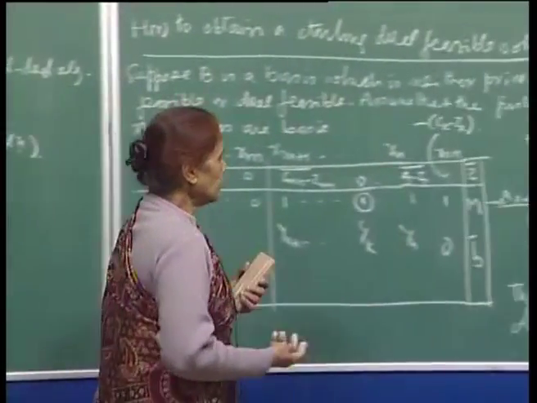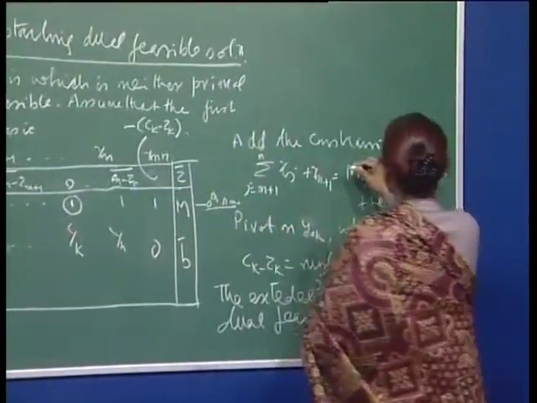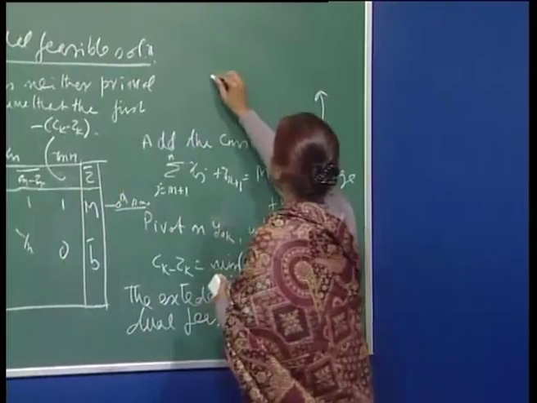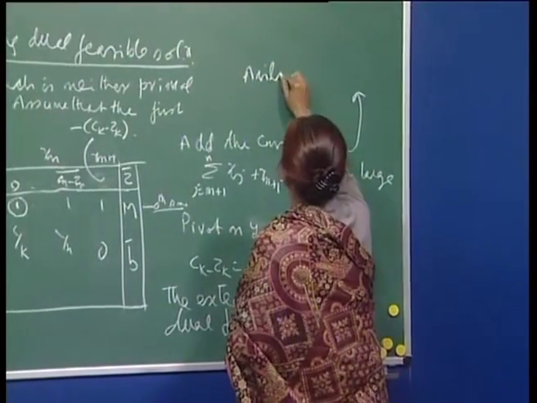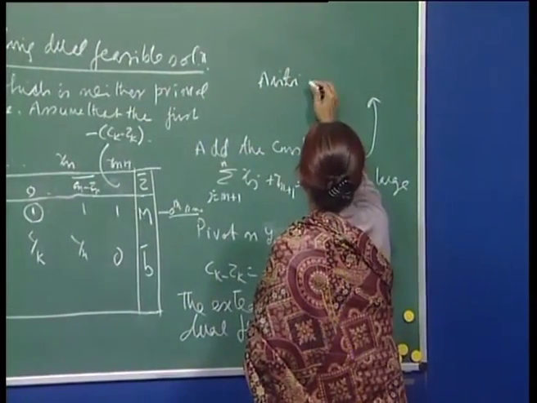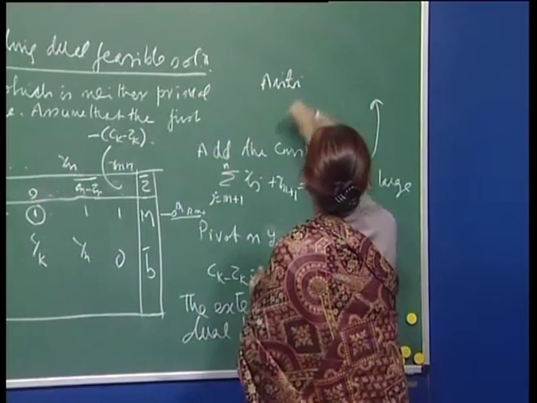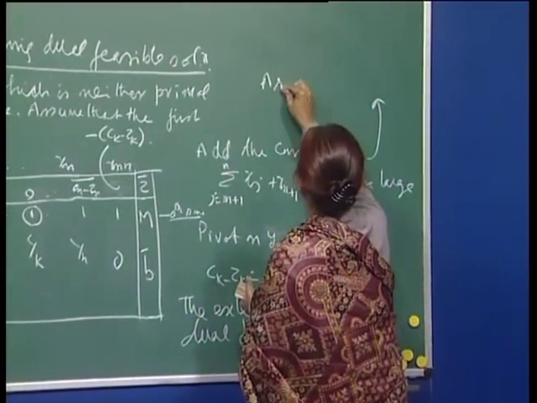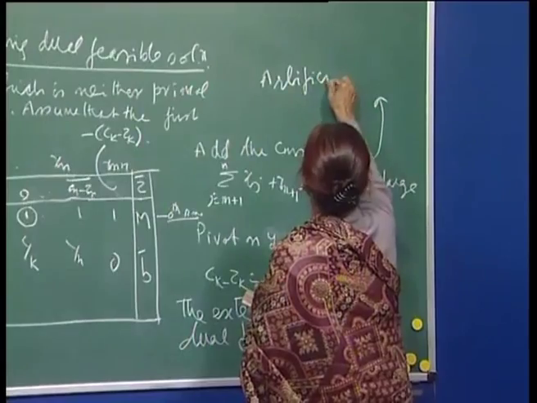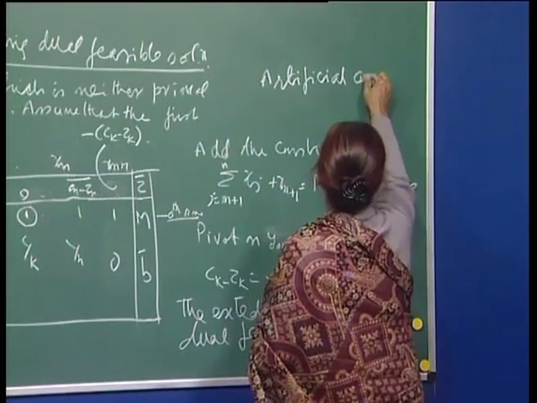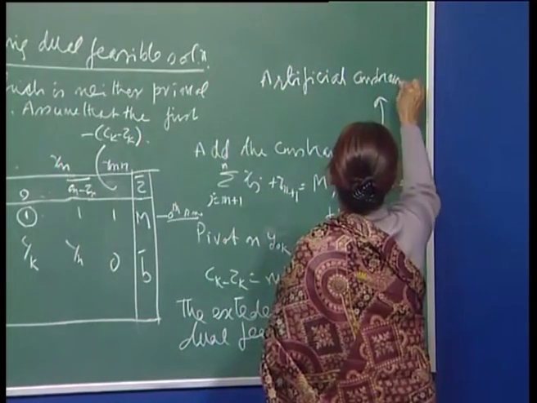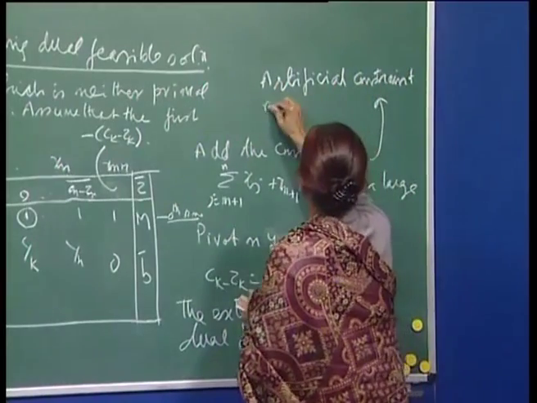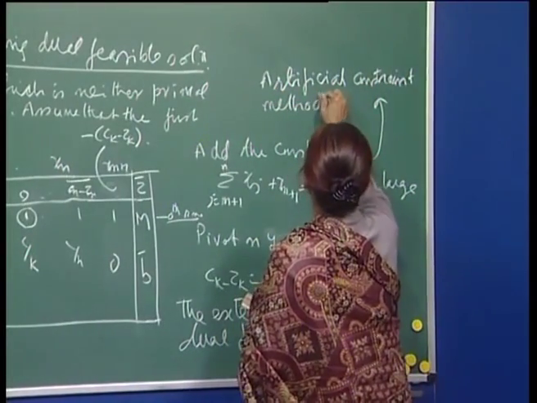So, it was just a device, and by the way, the added constraint is also known as the artificial constraint method to obtain a starting feasible solution.